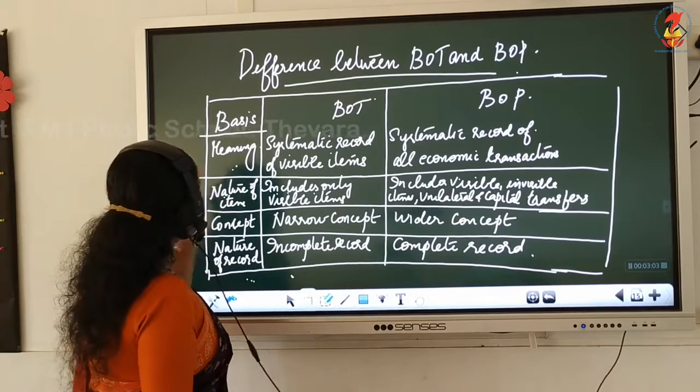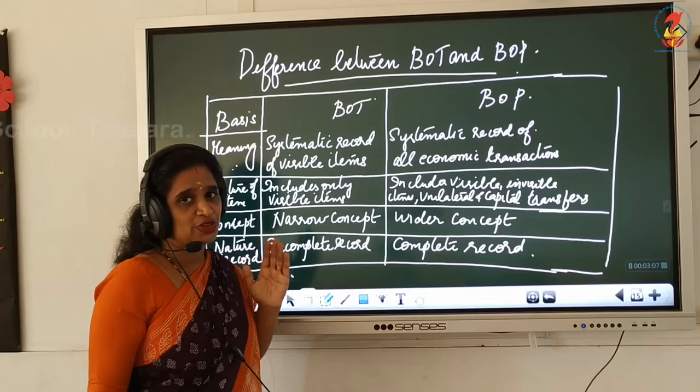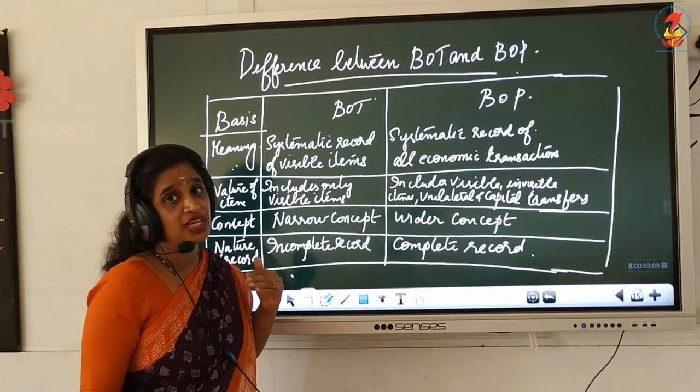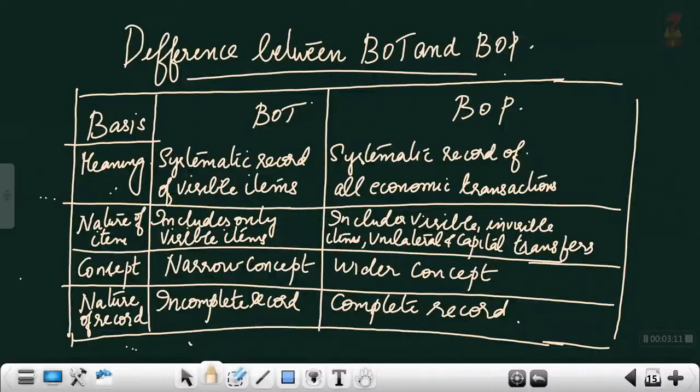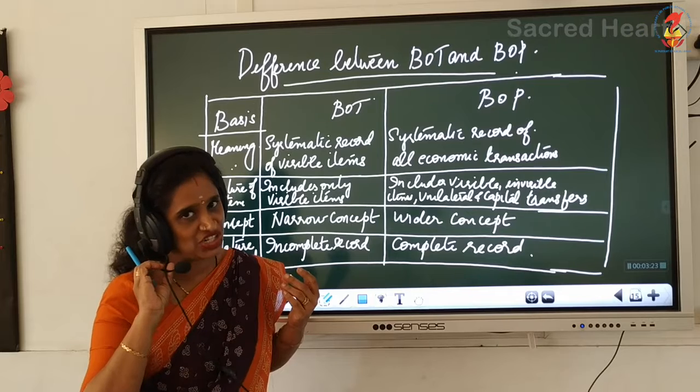Now, first we are going to differentiate both the terms, balance of trade and balance of payment, on the basis of their meaning. Now, what is meant by balance of trade? Systematic record of visible items only. Visible items, you know, are goods which can be touched, which can be seen and which can be measured.